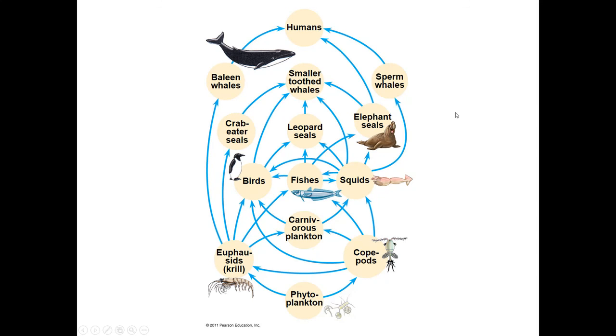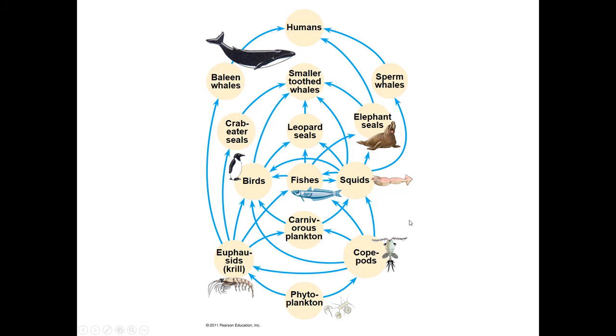So usually in a food web, and we're looking at a marine food web here, the first few steps are usually pretty easy to identify, right? Our phytoplankton are our primary producers, and then we have the krill and the copepods that are the primary consumers. But it gets very complicated above these first two because, again, a lot of times, take something like a bird, it might be happy eating krill, or it might be happy eating a fish, or, there's just lots of interactions going on here and intersections going on here.